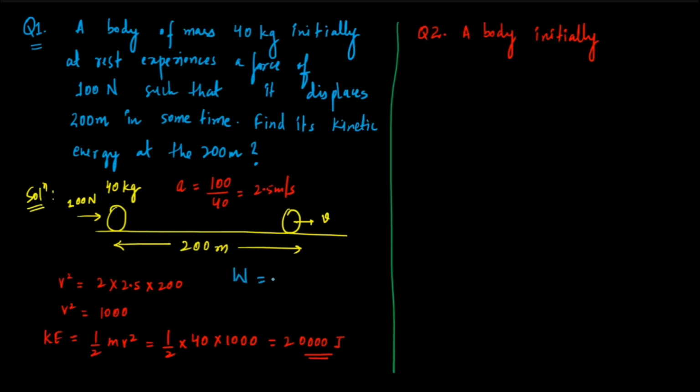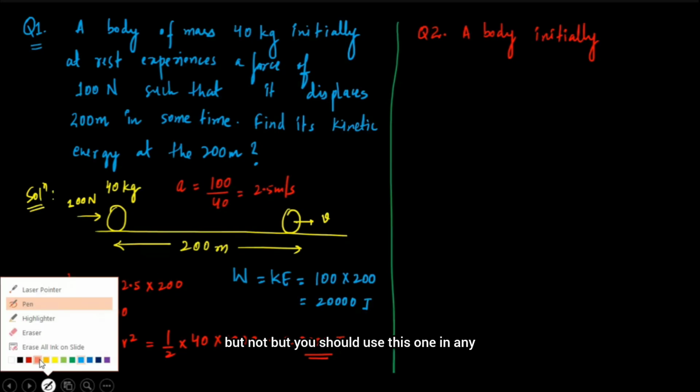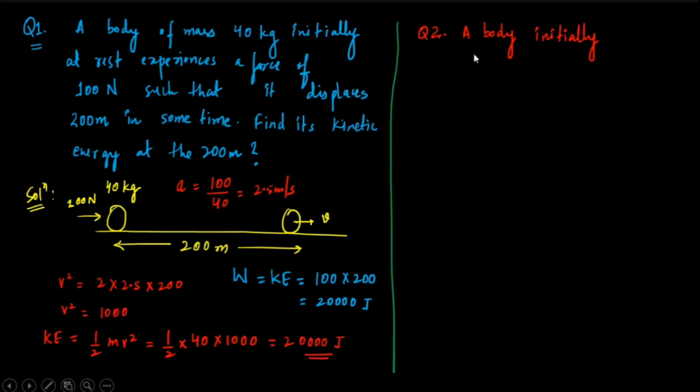Yes, you can do that as well, because we know work is nothing but force times displacement, and in that case, kinetic energy is also going to be the same. So you can also do 100 times 200, which is going to be 20,000 joules once again. You can apply this relation in this case, but you should not use it in every case. Sometimes you cannot do that.